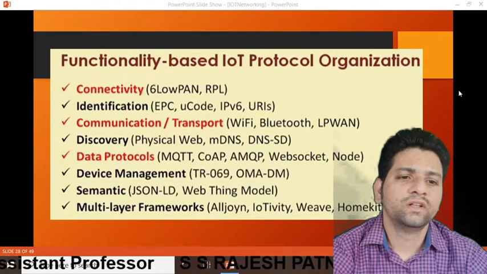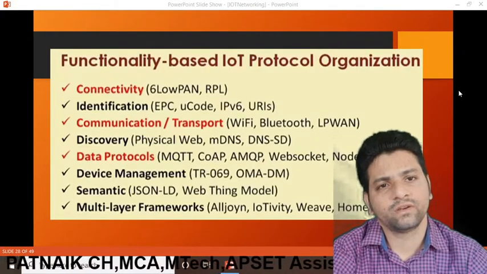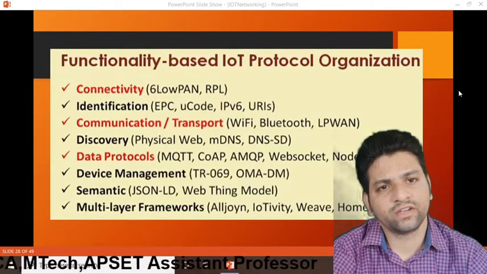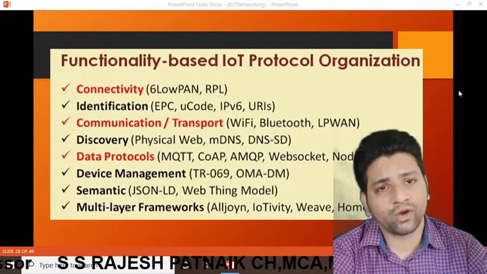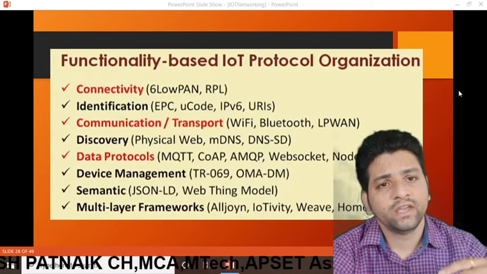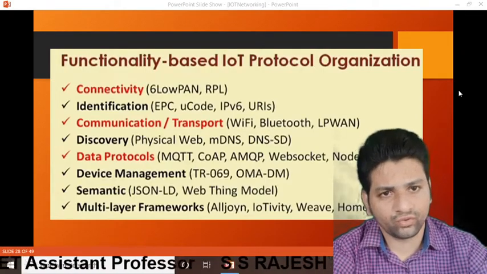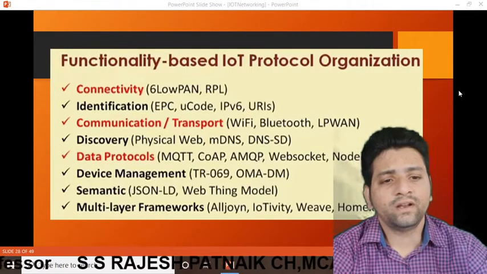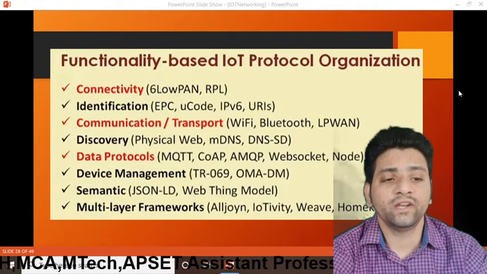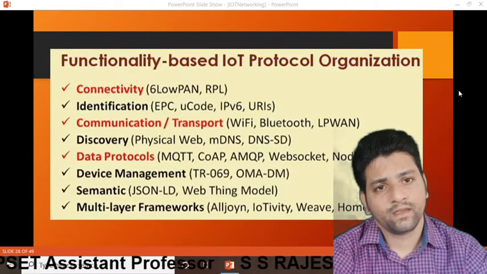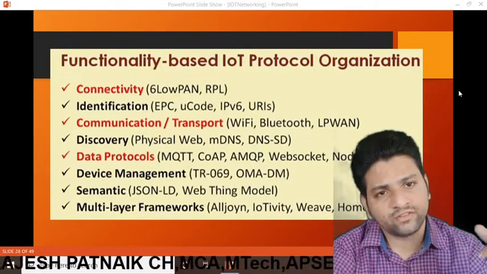This is the key concept of the architecture over heterogeneous access networks. In that particular network, we have a number of IoT devices, and these IoT devices can be identified using EPCs. EPC is the universal identifier that provides a unique identifier for every physical object in heterogeneous networks. So that is EPC, one of the identification protocols.